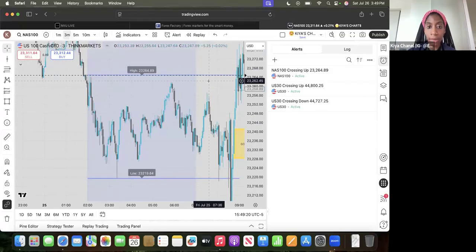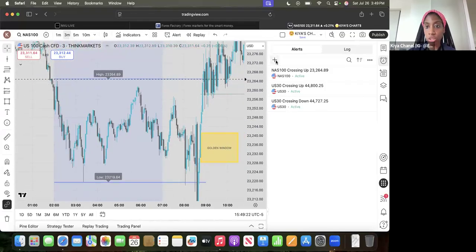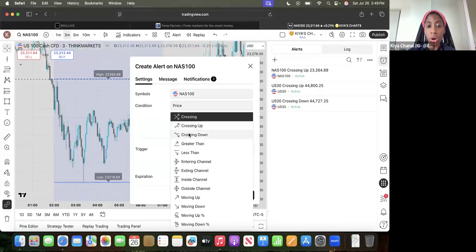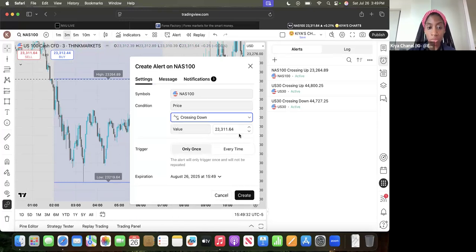You want to do the same thing for the low. So you're going to go back to your alerts, create alert. For the low, you're going to do crossing down. And you're going to put in the low that the chart gave you. So it's 23,219.64.